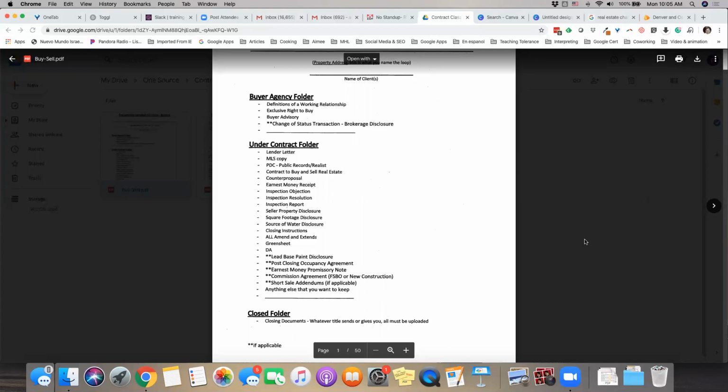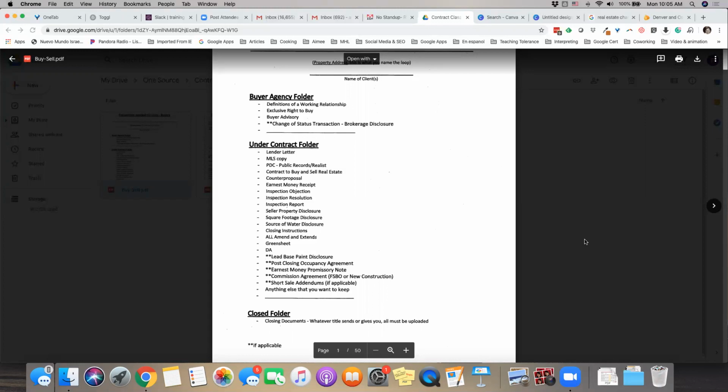So if you get a copy showing the earnest money was wired in directly, just upload that. Then you need your inspection, objection, and resolution. You can put your inspection report at the bottom, or on the side under custom folders.